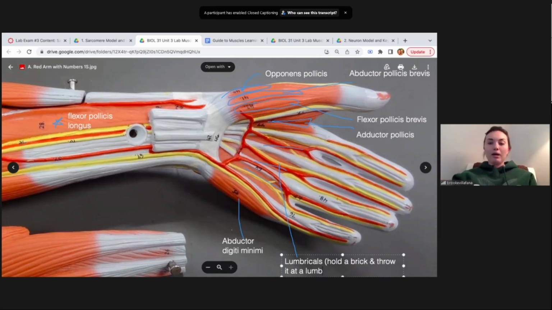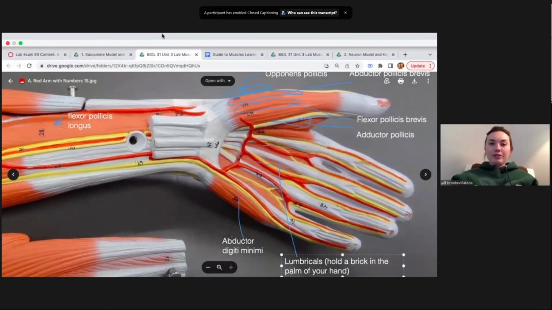But the biggest tip is to hold a brick in the palm of your hand. You also need to know the muscles that go in between the back of the hand. So if you remember, you can hold a brick, lumbricals. Does that make sense? Hold a brick in the palm of your hand. Those are the muscles that go in between your fingers on the palm of your hand. All right. Any questions at all?